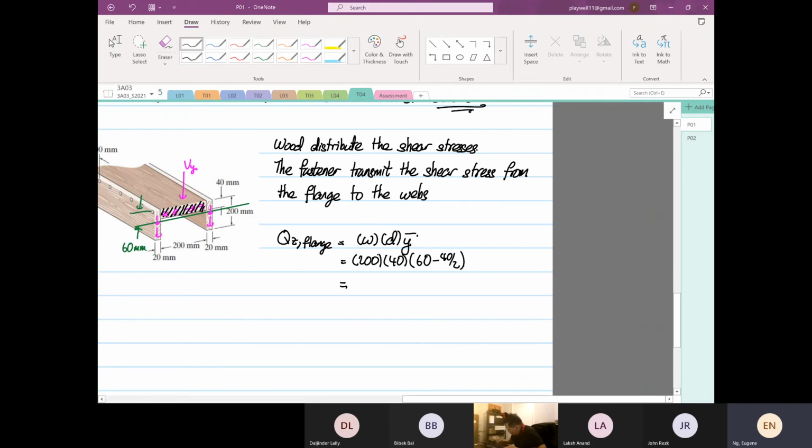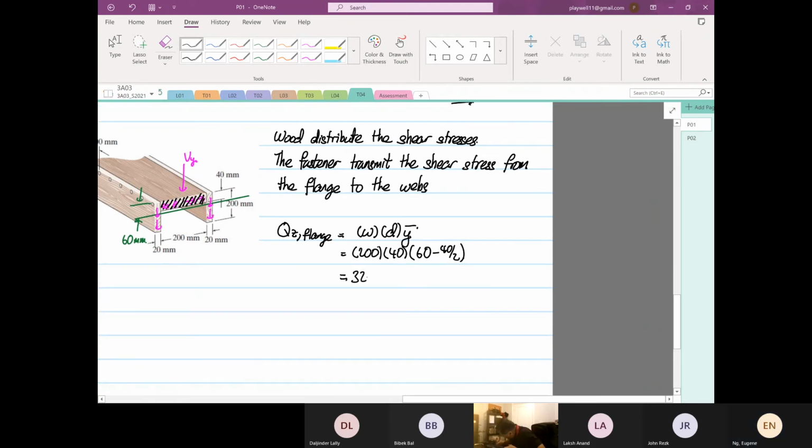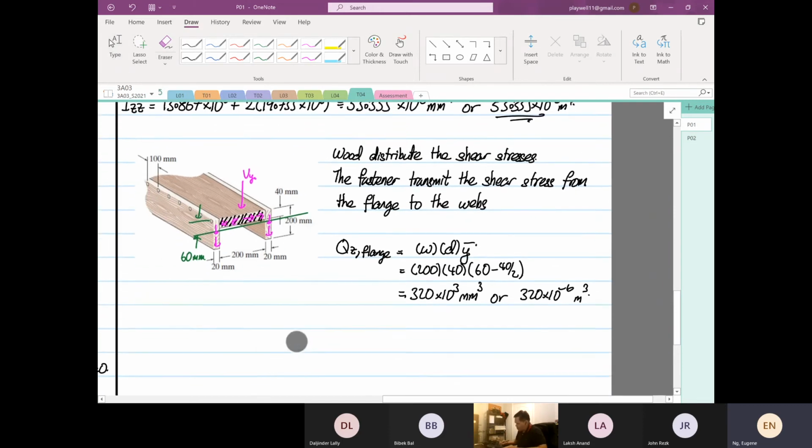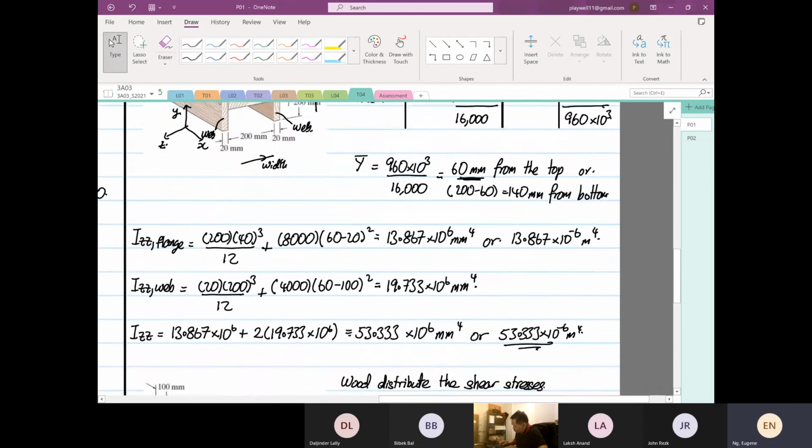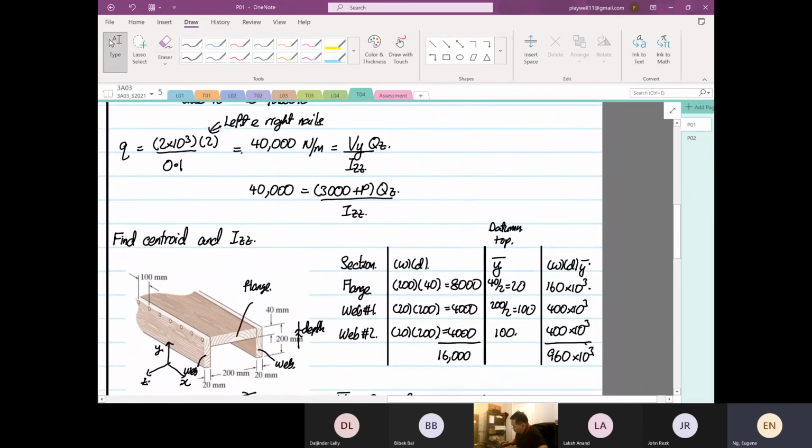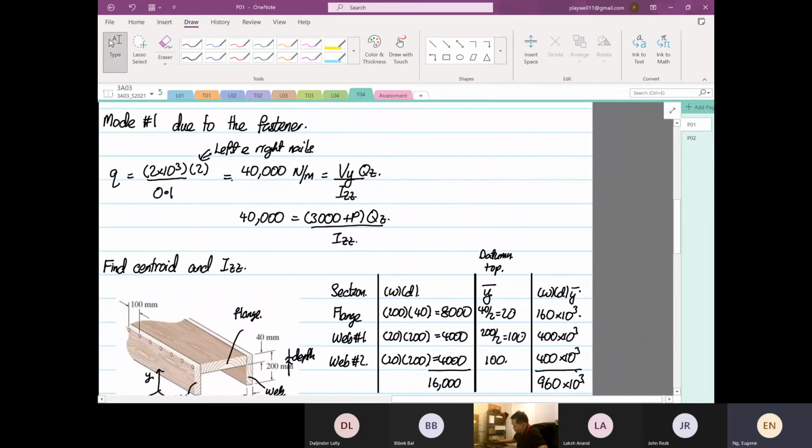So it's equal to 320 times 10 to the power 3 millimeter cube, or 320 times 10 to the power 6 millimeter cube. Okay. So now more or less we have everything already.